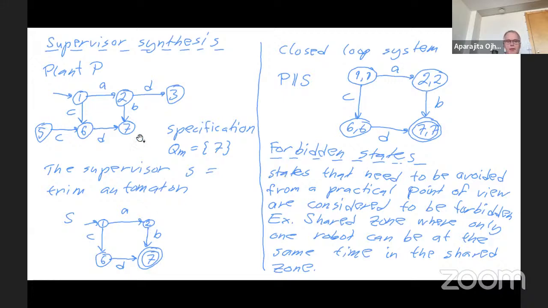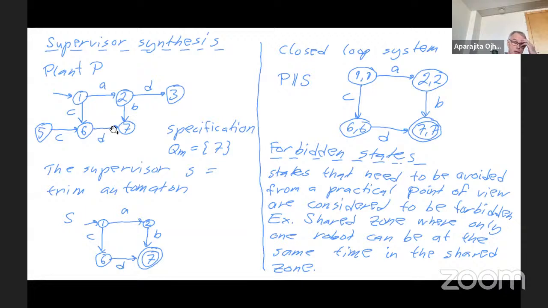And then by the event B, you get into the marked state, the state 7 in the supervisor. So from 2,2, you get into 2,7. And then I consider this as the marked state because it's marked in the supervisor. And since there are no specifically marked states in the plant, we assume that all of them are marked.